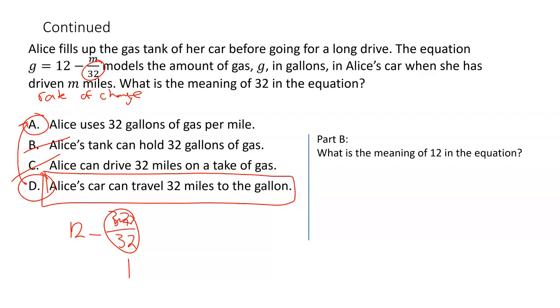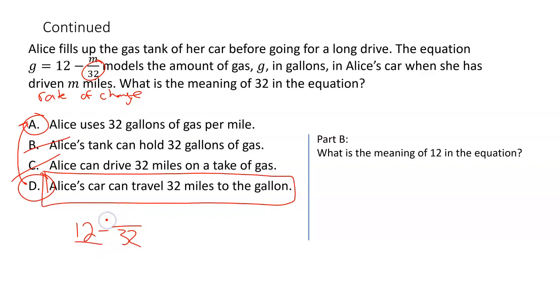Okay? So now, let's look at part B. Part B says, what is the meaning of 12? How much gas? How big her tank is. She fills it up, and then we've got that expression. So remember, if we take M over 32, and she drives 32 miles, that means she's using up 1 gallon of gas, which we're taking away from 12.